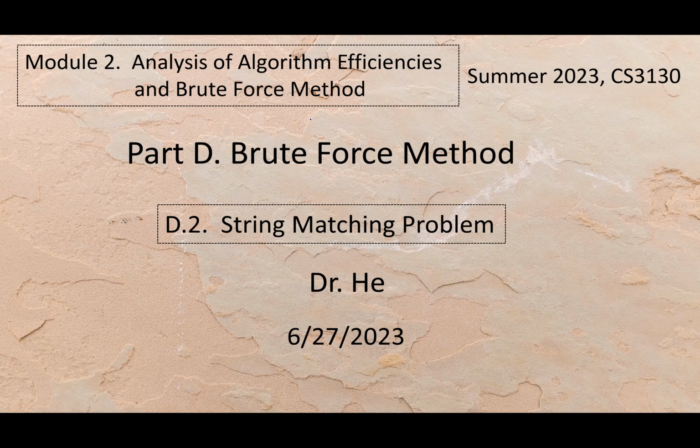Before we move to the next topic, let me say a few more words. When you count the number of comparisons, selection sort and bubble sort have the same number.